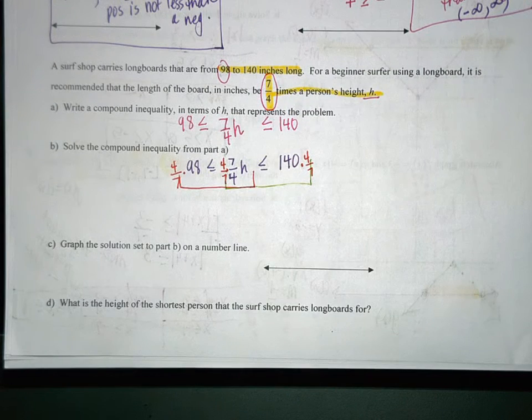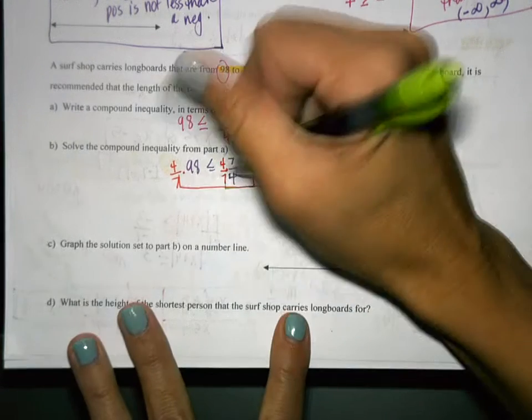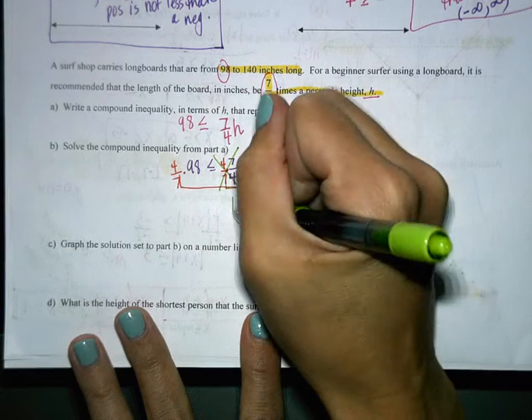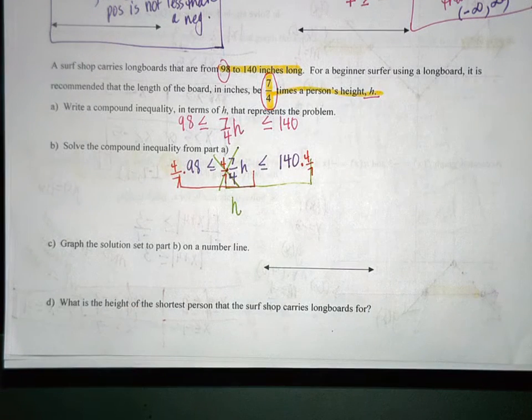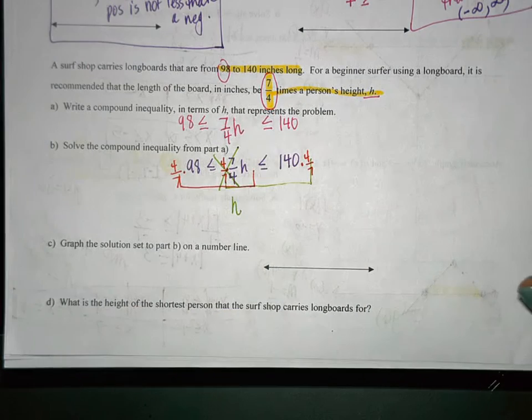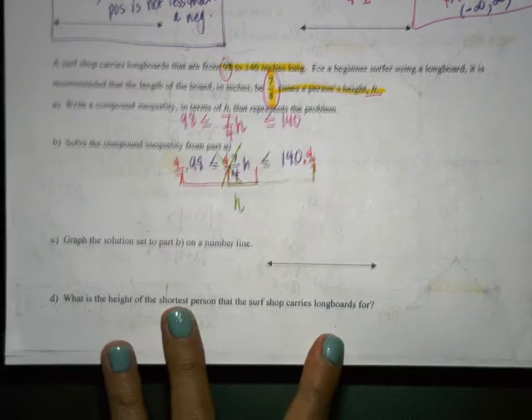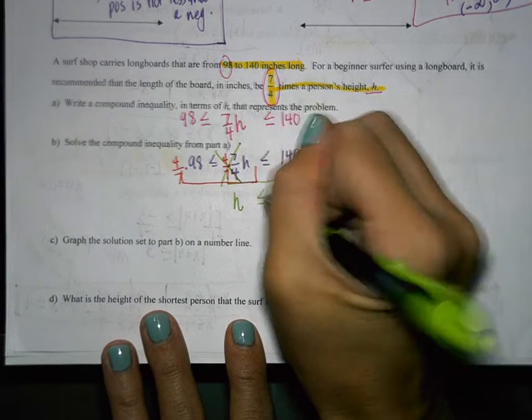This is eliminated, so we have h in the middle. Notice that I didn't multiply or divide by any negatives, so my inequality signs stay the same.